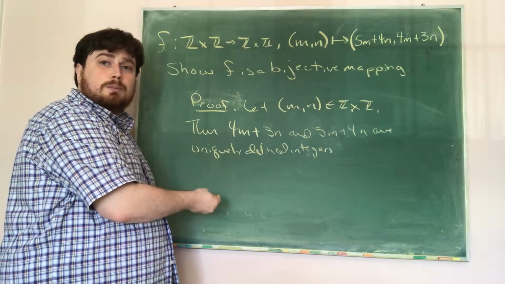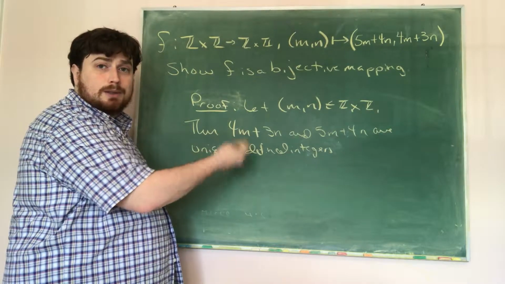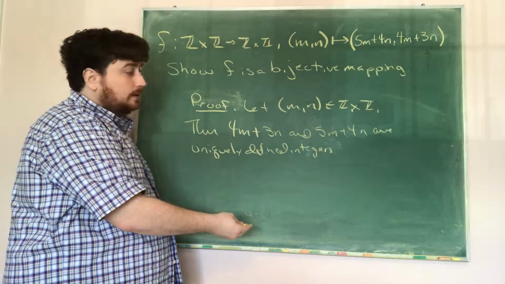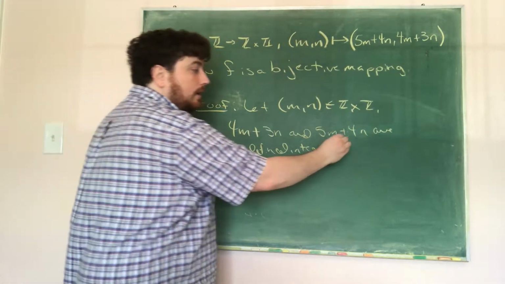So there's nothing really to prove here other than the check to say that if I multiply integers, I get one answer. If I multiply integers, I get one answer. If I add integers, I get one answer. So all I'm claiming here is that each of these is uniquely defined.